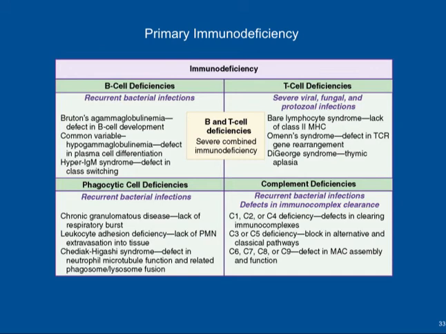With a T cell deficiency, sometimes you will see a viral or fungal infection or protozoal infections, complement deficiencies, phagocytic deficiencies. But once again, the big thing is that they get these recurrent, very severe infections.